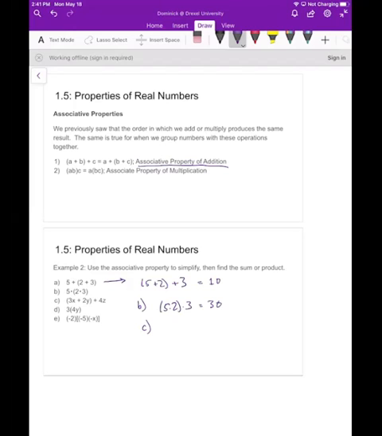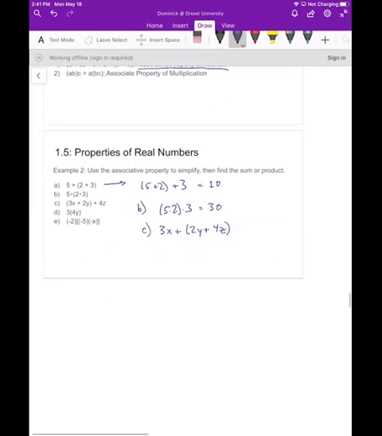For part C, we could say this is 3x plus 2y plus 4z, but if we're not given any of those variables, that's the best we can do. We can't simplify that anymore. For part D, we could also write this as 3 times 4 times y, and that would just become 12y.